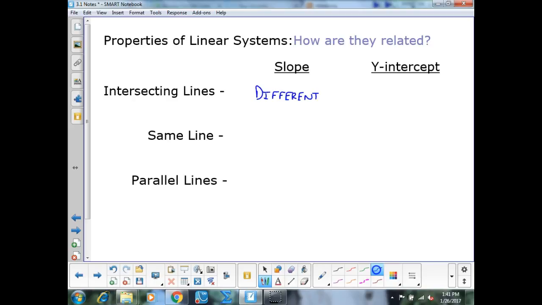Does it matter? Are they the same? Are they different? Does it matter? They can be anything? No. Because what if that intersection point is at the y-intercept? Okay. So for the y-intercept, it doesn't matter.